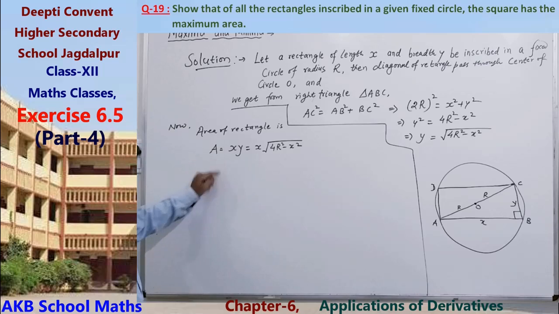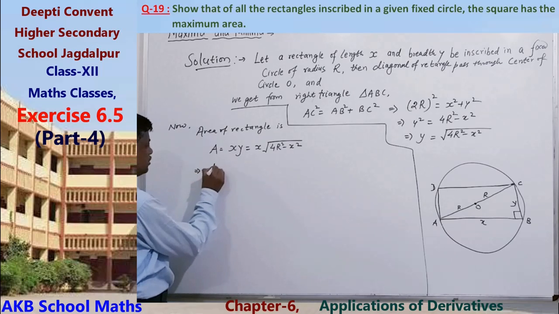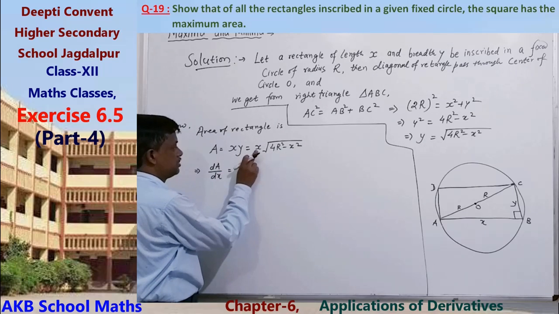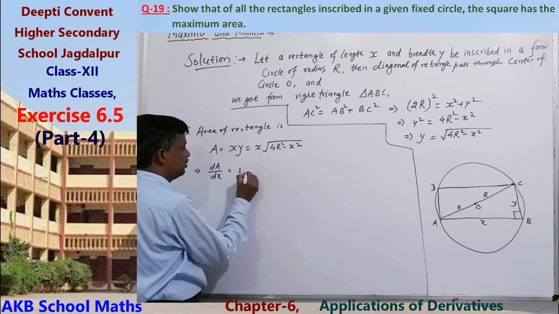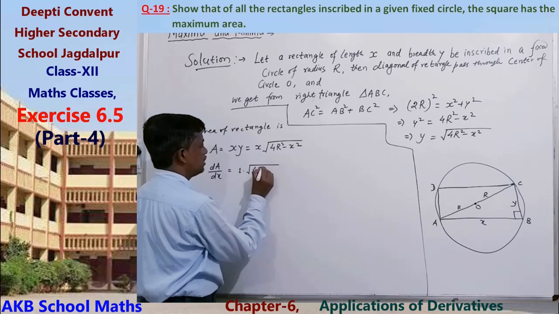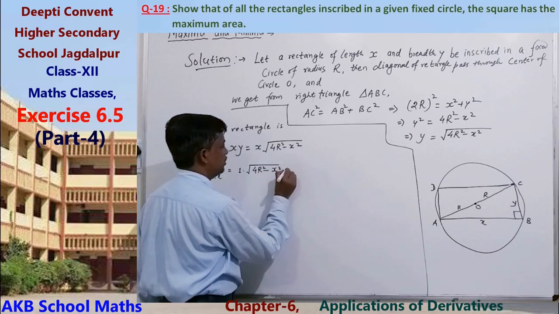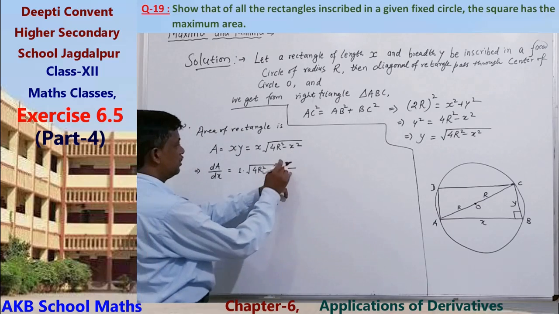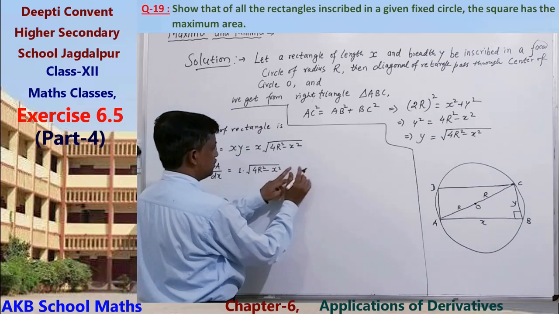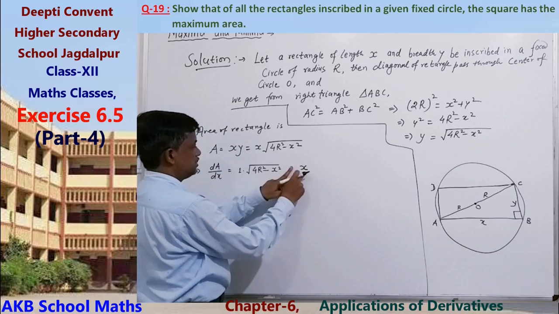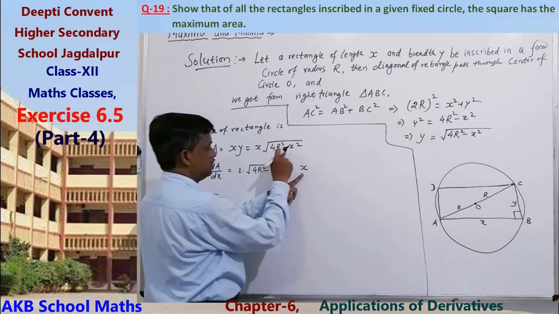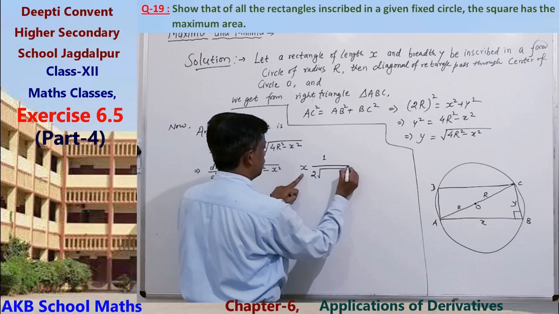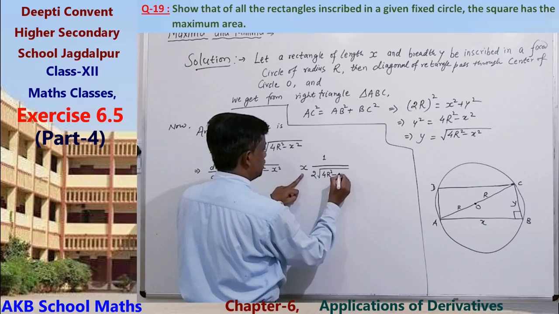So differentiate it with respect to X, dA upon dX, first derivative. It is a product of two functions. This is the first function, derivative is 1, second function as it is, root of 4R square minus X square, plus first function as it is, derivative of this means 1 upon 2 root of 4R square minus X square.